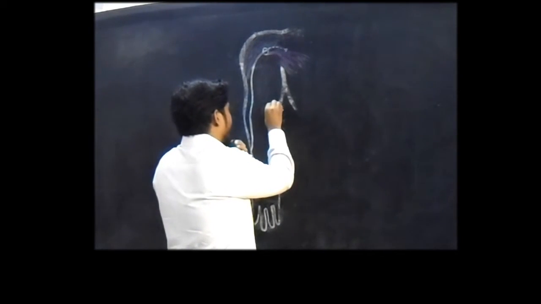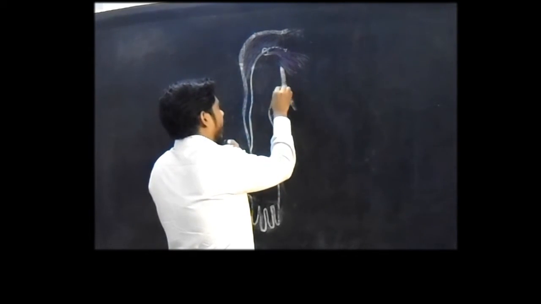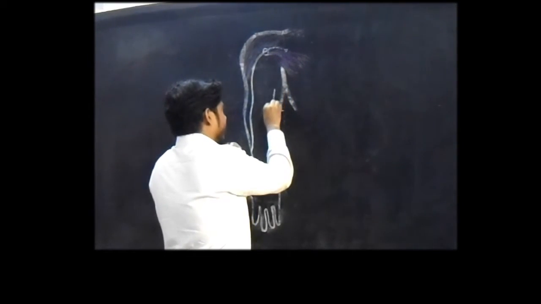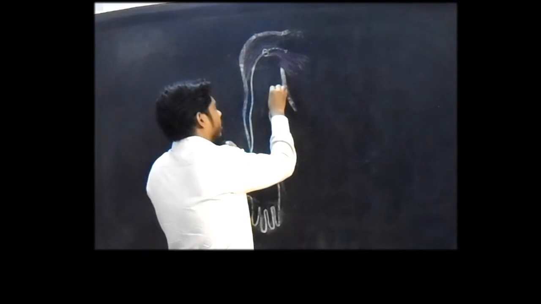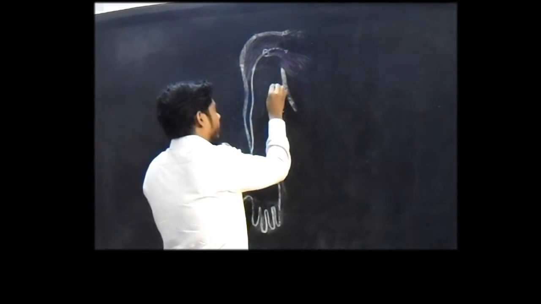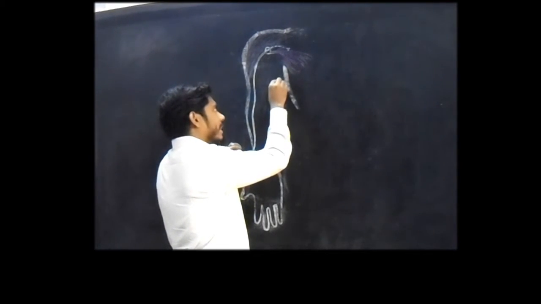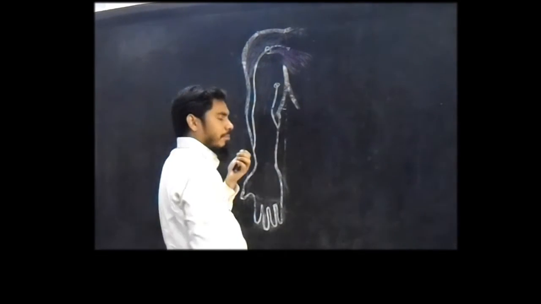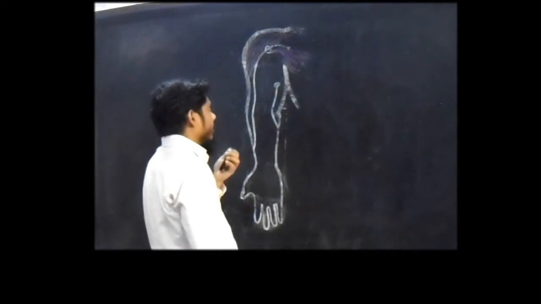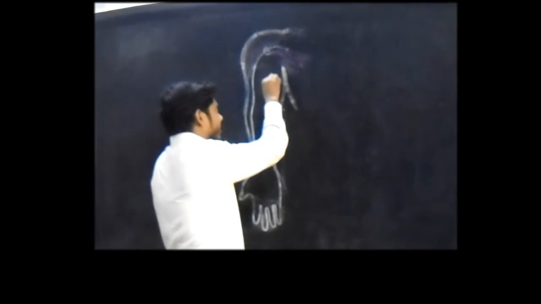Then it will ascend upward along the medial aspect of the biceps brachii muscle, and at the mid-arm region it will pierce the deep fascia of the arm to enter the anterior compartment, where it lies medial to the brachial artery. Okay, here the brachial artery is situated.